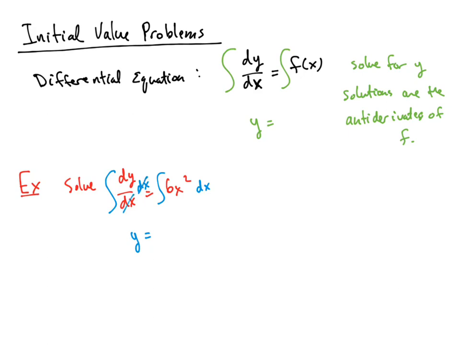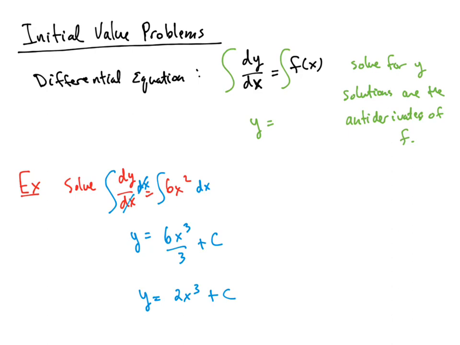So the integral on the right-hand side, when we find the antiderivative of 6x squared, I raise the power on the variable by 1 and then divide by that new power. So 6x to the third divided by 3, and then I add that constant value. So we're going to end up with y is equal to 2x cubed plus c.